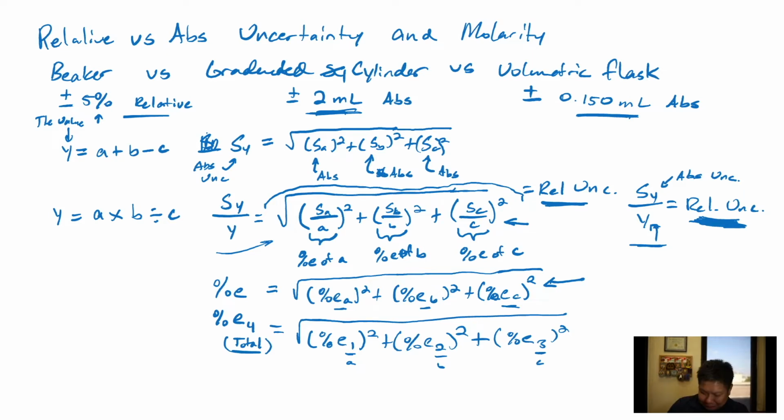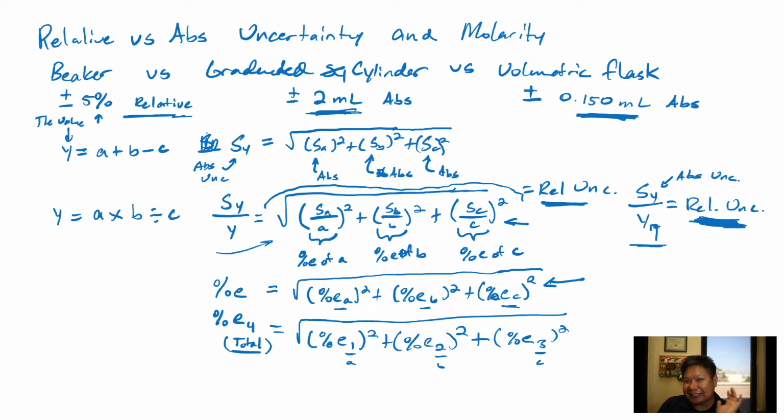So that's the reason why you want to stay away from things that have relative uncertainty as their printed uncertainty. We generally like to stick to things that have absolute uncertainties, because on a graduated cylinder, no matter where you measure, it will be the same uncertainty. It doesn't matter what the volume is. And the volumetric flask only has one line, so that's why I use that.